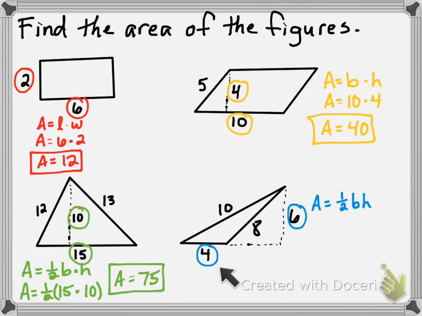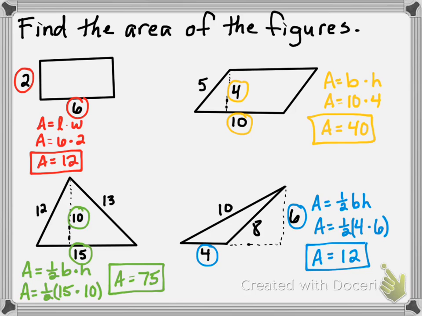My base is still the length of the bottom, and the height is still how tall it is. I don't need the 8 and the 10. That's just how long the sides are. So now I have area equals 1/2 of 4 times 6. 4 times 6 is 24. Half of 24 is 12. So the area of this triangle is 12.